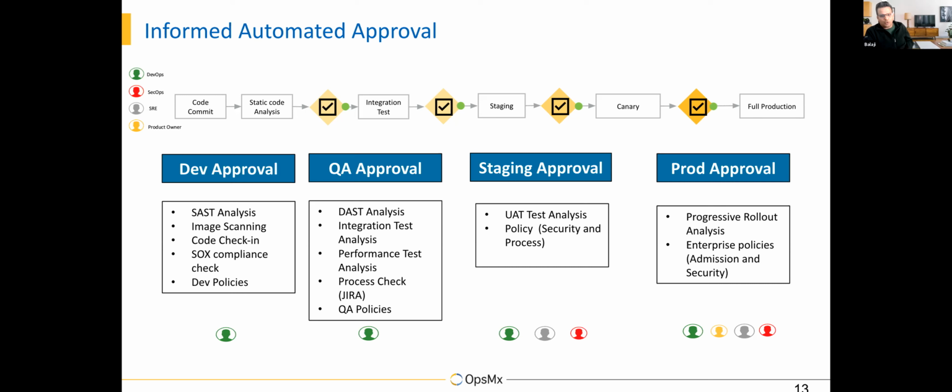Maybe QA should not approve if source code analysis says there are severe bugs, or staging should not approve production if the QA tickets are not closed properly. Today, people can bypass those, and you're at the mercy of somebody making the right call all the time. With this kind of tool, you can prevent those human errors and mistakes.